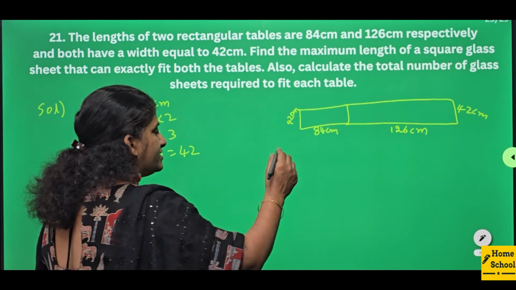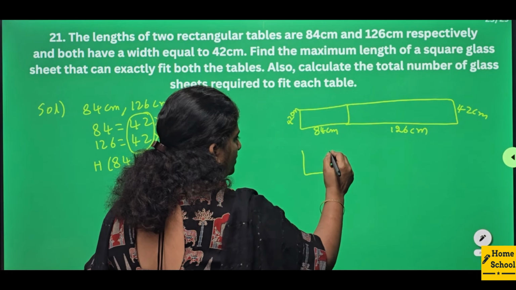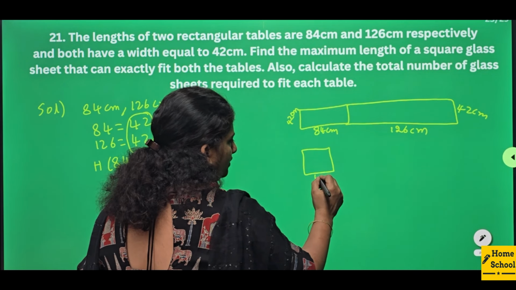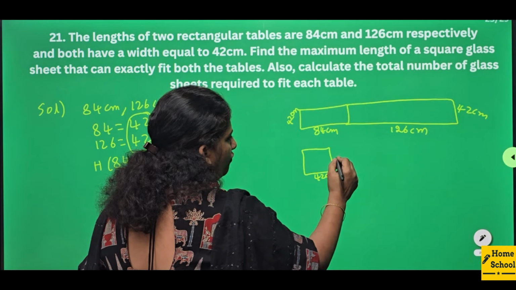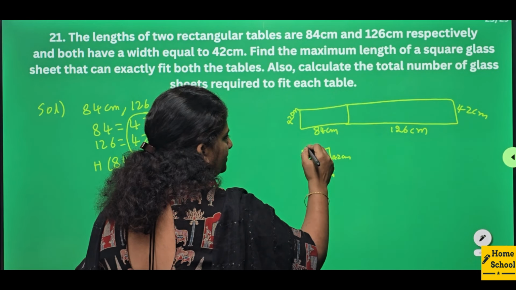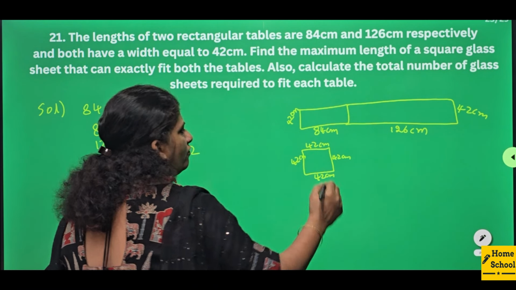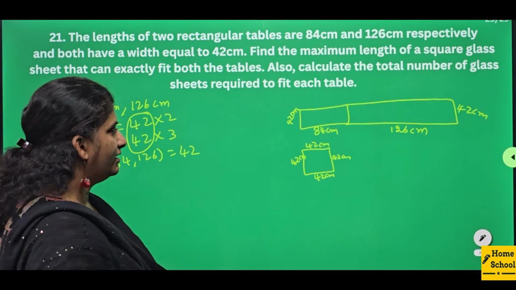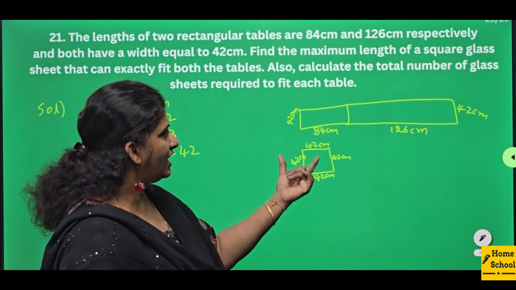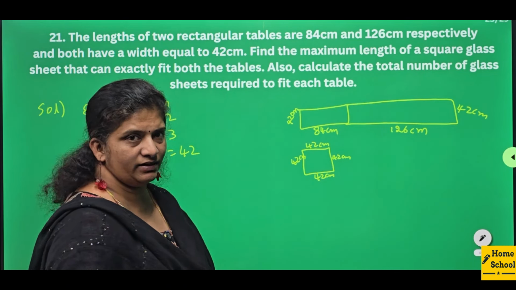42. Now, what is this 42? A glass sheet with each side 42 centimeters. What is the maximum length of the glass sheet? 42 centimeters. Like the square glass sheets, how many can you fit in this table?